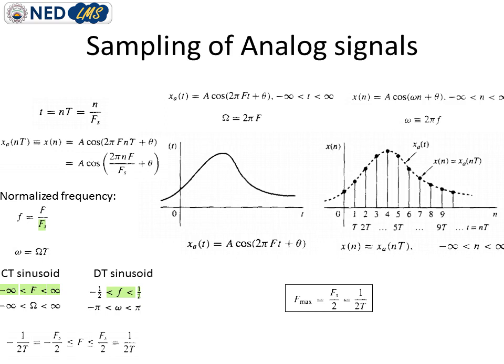So this is the main problem which sampling can introduce in a signal, and this will occur if we do not follow or do not opt the correct sampling rate.